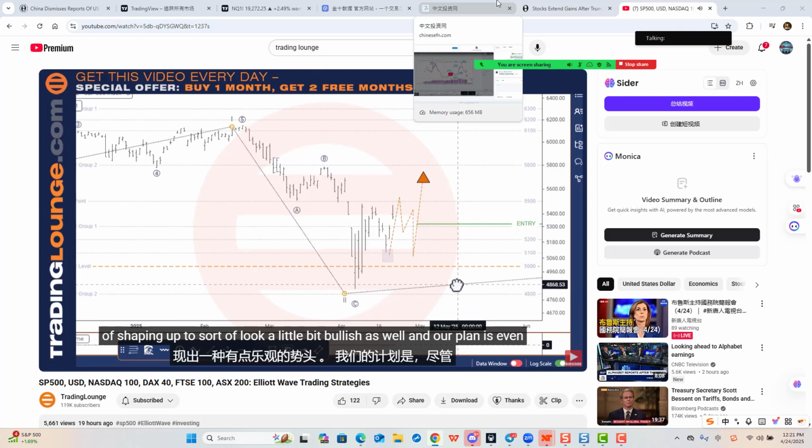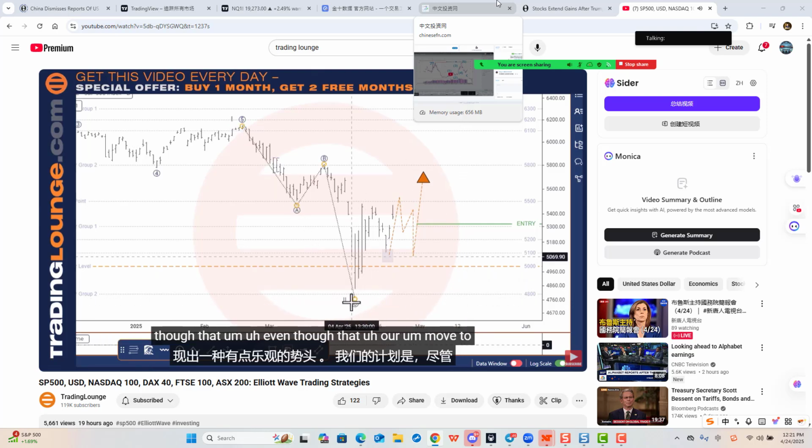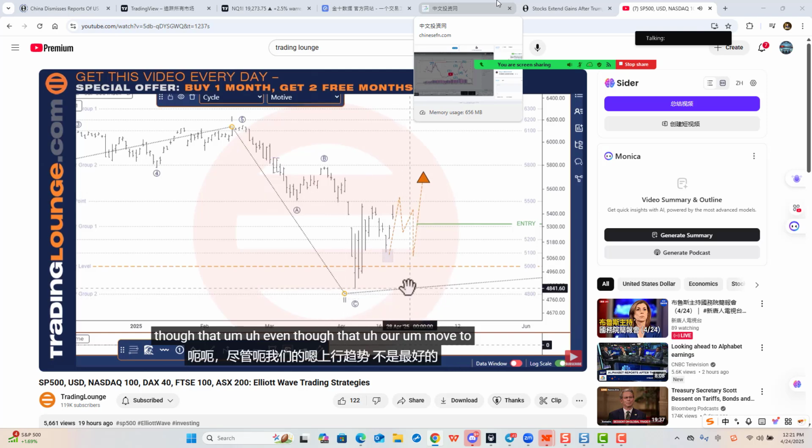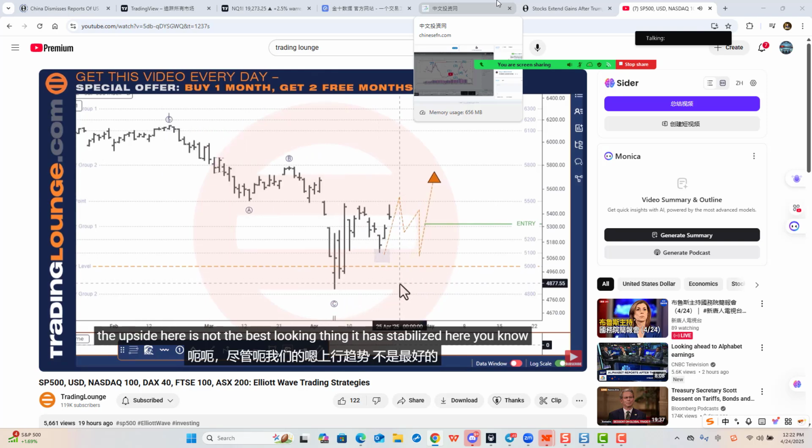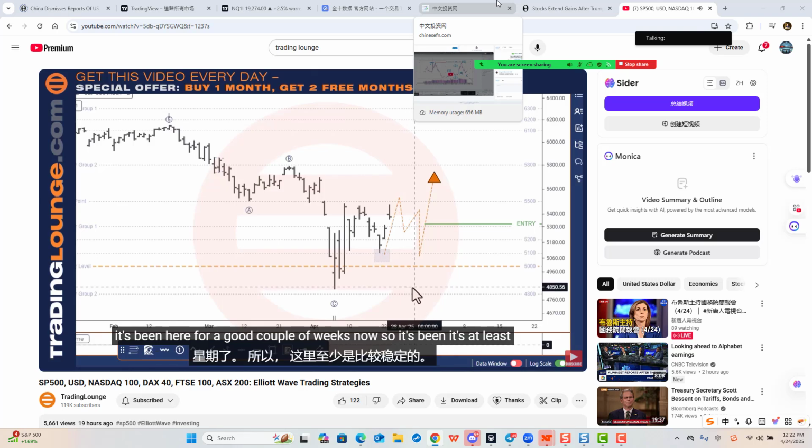Our plan is, even though our move to the upside here is not the best looking thing, it has stabilized here. It's been here for a good couple of weeks now, so at least it's stable.